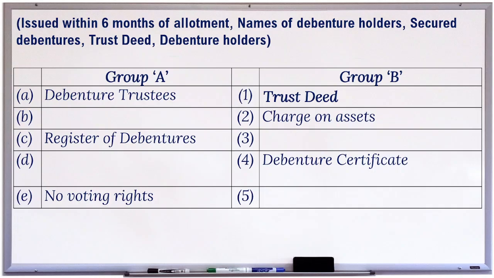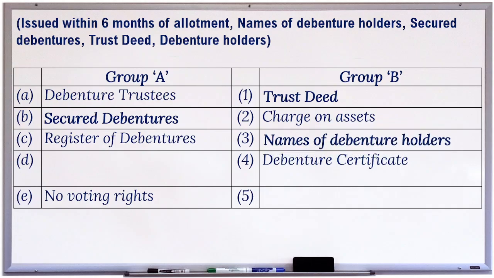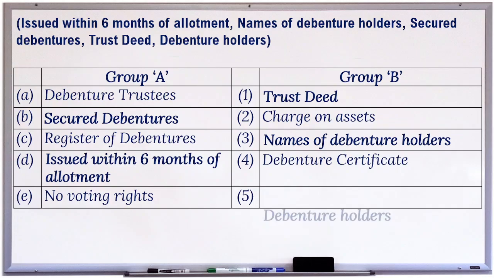The correct option is secured debentures. C. Register of debentures. The correct option is names of debenture holders. D. Debenture certificate. The correct option is issued within 6 months of allotment. E. No voting rights. The correct option is debenture holders.